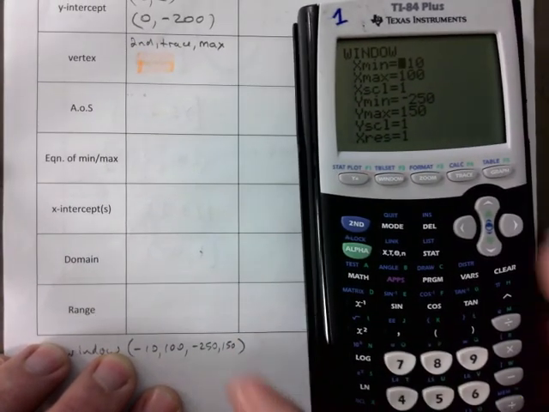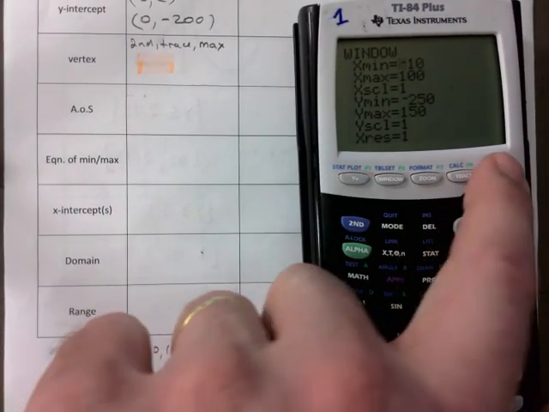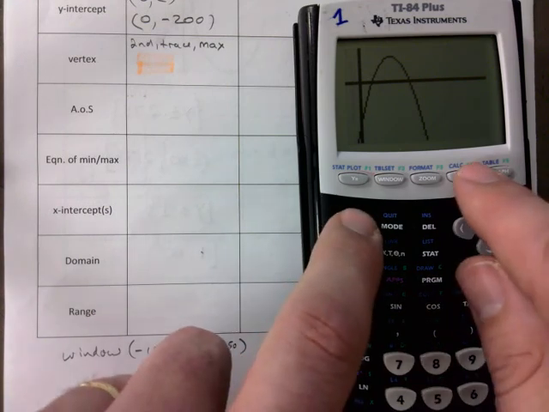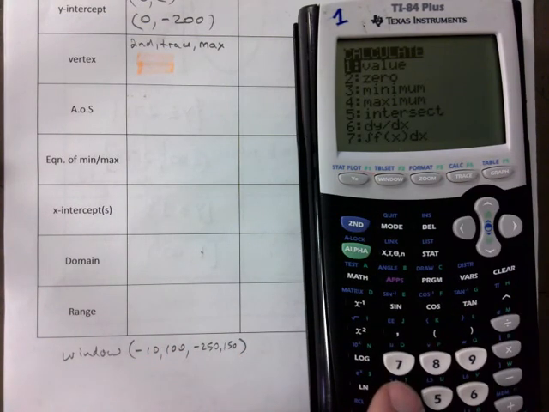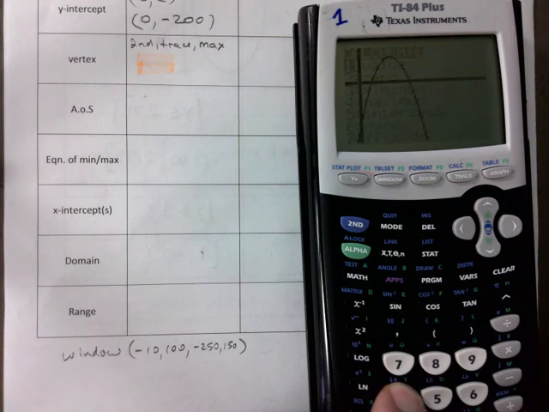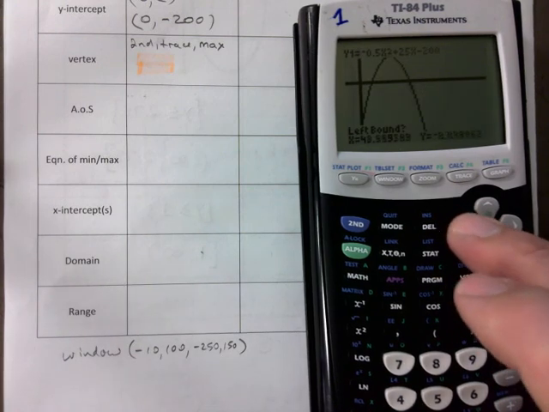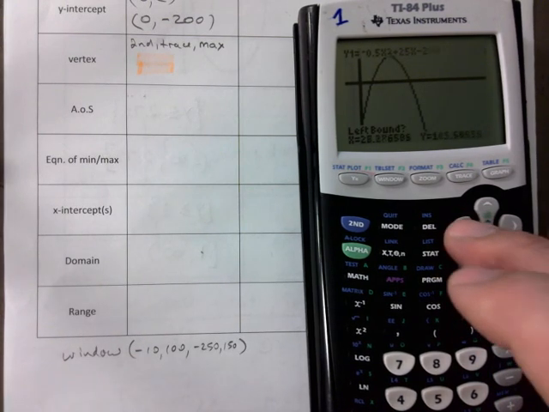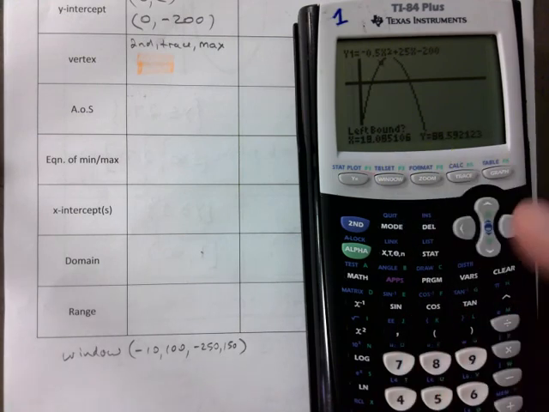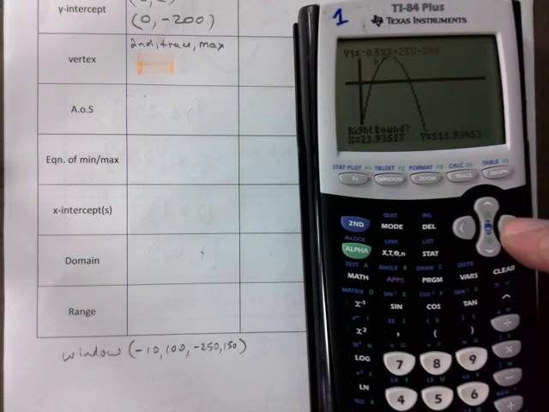And then let's go ahead and find the vertex. Graph, second, trace, I'm going to press 4 for max, and I need to go to the left. If your cursor doesn't show up, look at these coordinates and bring it to you. So left would be there, enter, and then you go to the right and hit enter.